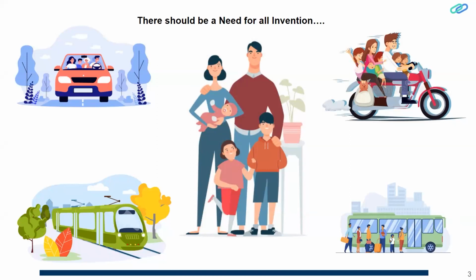All these are features, the need for a particular product. Similarly, if you talk about cars, bikes, trains or buses, every product that you see in the market will definitely have a need, and this need is satisfied by the product.